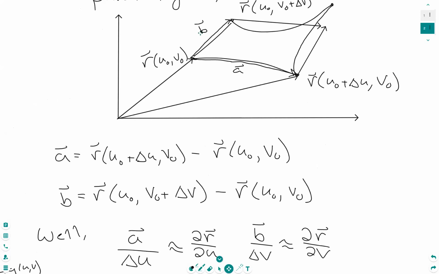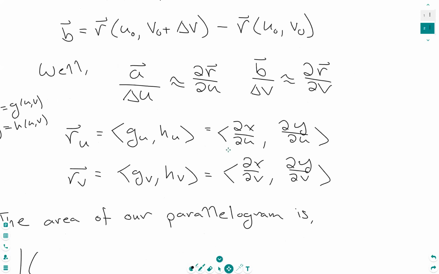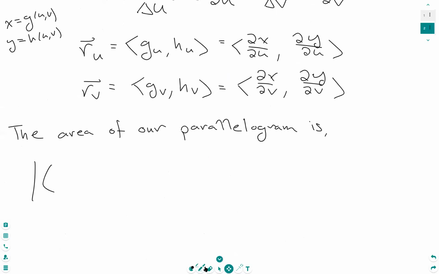And the area of a parallelogram we found is the magnitude of the cross product, if you recall.